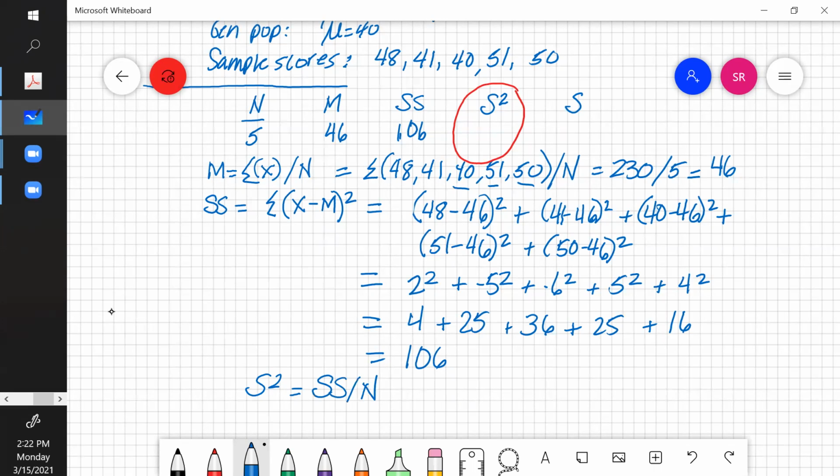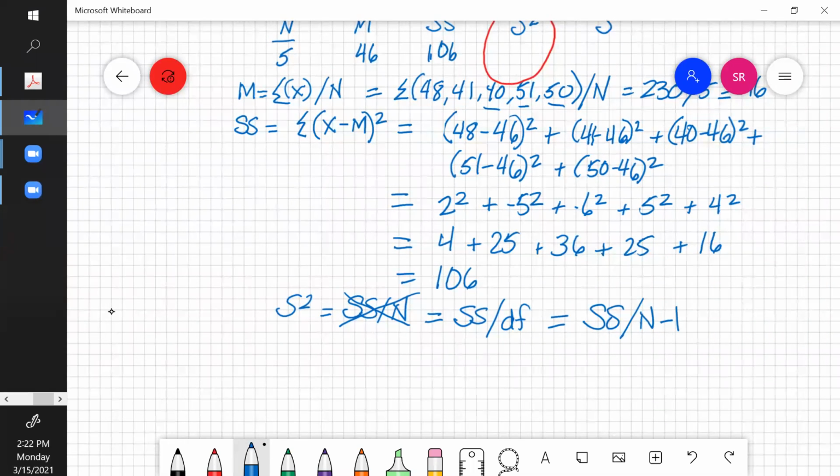But in this case, because we're estimating it, we're not using this formula. We are going to use sum of squares divided by degrees of freedom. And what is degrees of freedom? It is n minus 1. And so degrees of freedom is always, at least in t-tests, n minus 1.